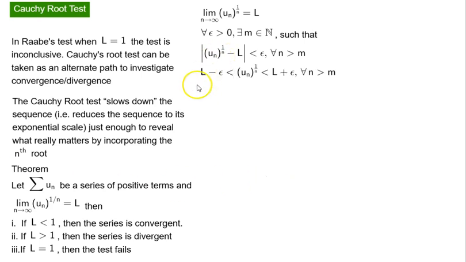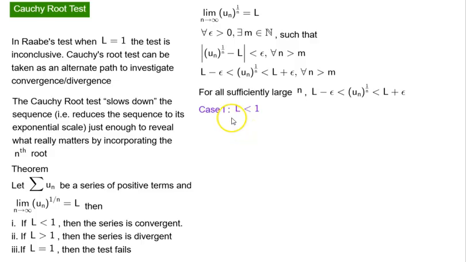Now this can be written as L minus epsilon is less than u sub n to the power of 1 by n, which is in turn less than L plus epsilon for all n greater than m. So for all sufficiently large n, u sub n to the power of 1 by n is between L minus epsilon and L plus epsilon.